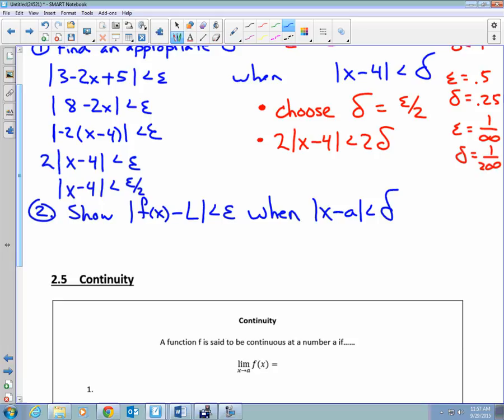First we choose, then we show. Absolute value of what? 3 minus 2x plus 5. Not ready to make an inequality sign yet, right? We're sitting right here. We're trying to show this. So what does that equal? You can use your work from above. What does it equal?